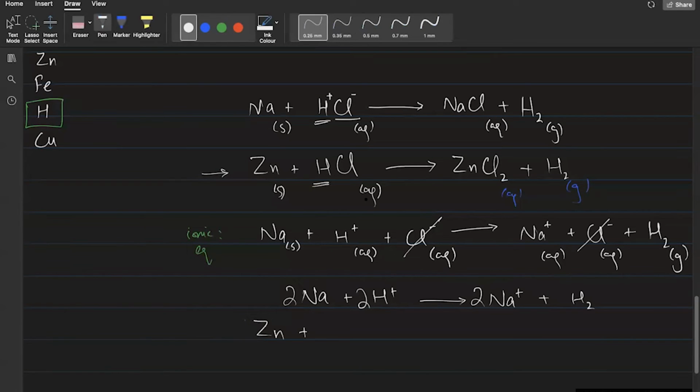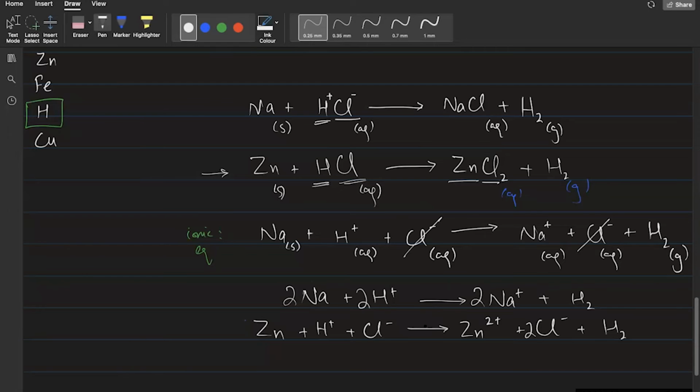Then HCl is aqueous, so we put H positive and chloride negative because they are going to be separated by water. Then we have ZnCl2, which is again zinc and chloride ions, separated by water. So this is zinc 2+ and chloride, and there are 2 of them. And then there's hydrogen, which is again a gas. It does not ionize. It does not have any ions in there.